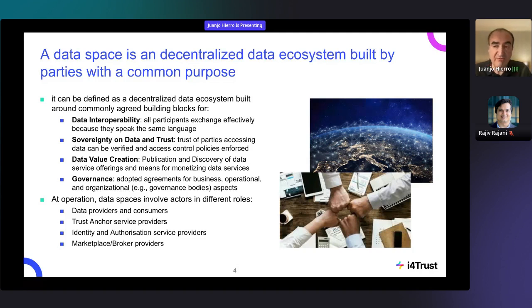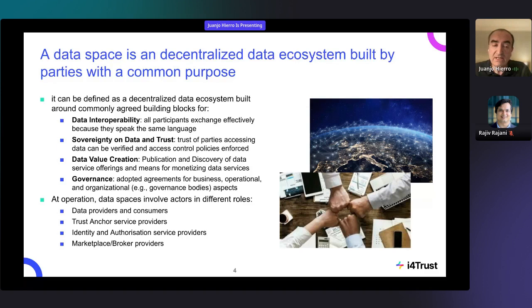Building blocks, some of which are technology building blocks and covering three main pillars. On one side, data interoperability. So bringing a very concrete mechanism how all participants will exchange effectively data among themselves.